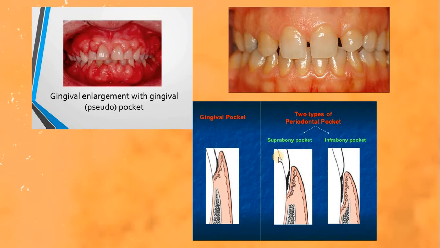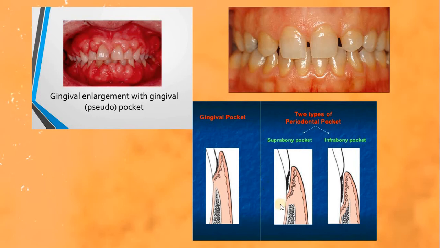Also, the suprabony pockets. Usually the gingival pocket is the formation of a pocket without bone loss, as we said here, pseudo pocket. While for periodontal pockets, we can do the gingivectomy if it is a suprabony pocket.